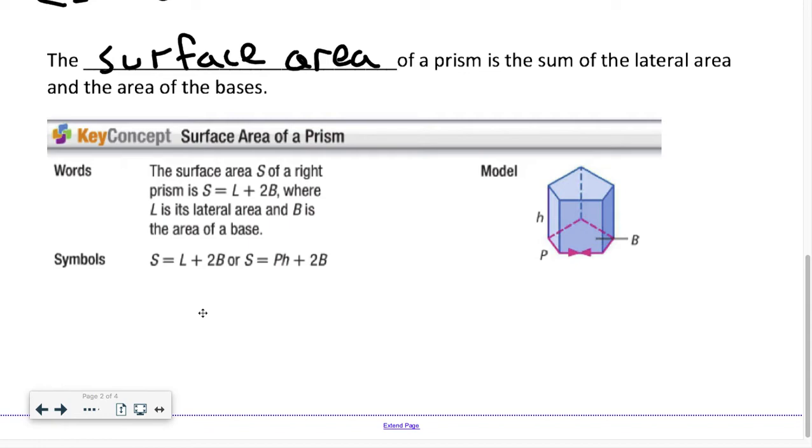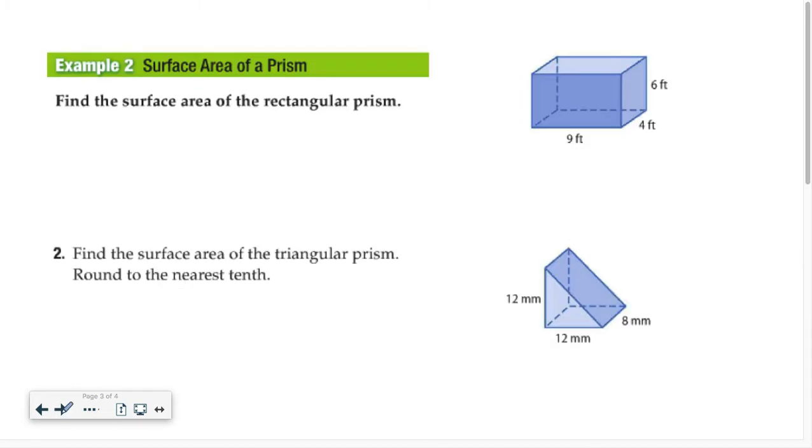So you can use surface area equals lateral area plus 2B, B being the area of the base. Or, of course, you can take lateral area, perimeter of the base times height. So you want to find the area of all the lateral faces, which is lateral area, and then you're going to add 2 areas of the base. So let's take a look here.